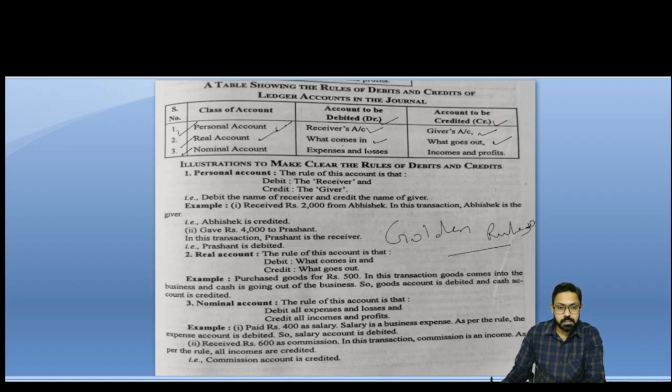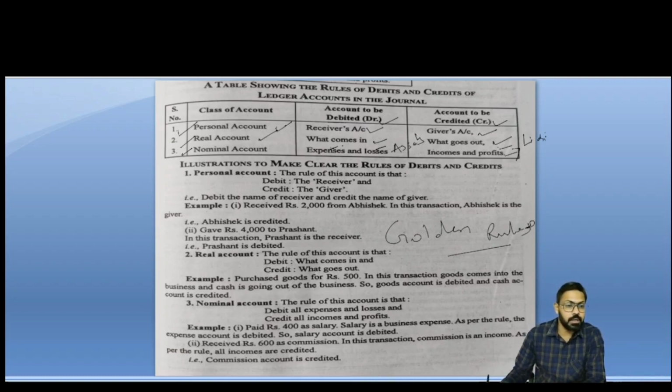Any expenses, any losses, I will say assets, are always debited in a nominal account. If a nominal account represents income and profit, or you can say liabilities, this will always be credited. So this is the golden rule.